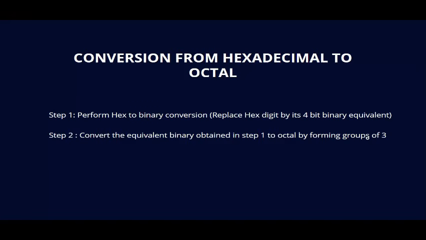For the conversion from hexadecimal to octal, perform the hexadecimal to binary conversion that we have seen earlier. That is, by replacing each hex digit by its 4-bit binary equivalent. The binary number so obtained is then converted to octal after forming groups of 3.